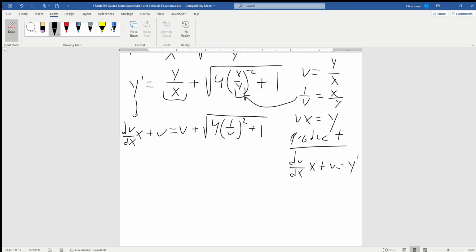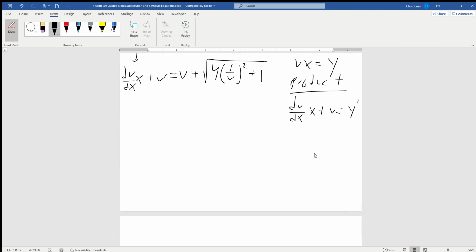All right, and this is starting to look ugly, but we're going to use some algebra magic and clean it up. Canceling the v's, that's nice. dv dx times x is going to be equal to the square root of 4 over v squared plus 1.